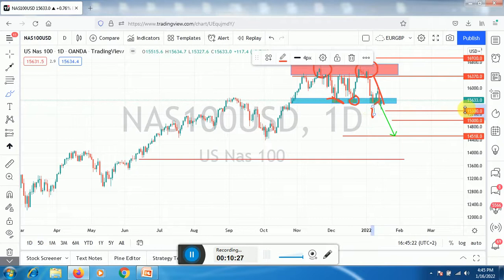But it came back to the 15630 level, which is a major zone right here.